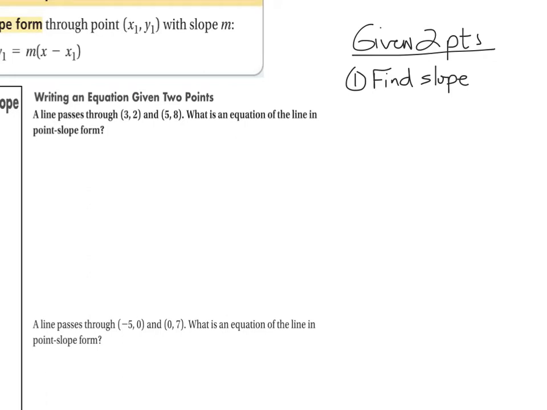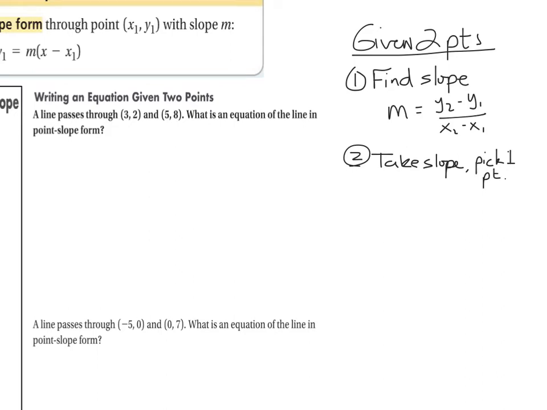Remember, slope is y2 minus y1 over x2 minus x1. That's what we did earlier in section 2.3. We got to find the slope first. Then you're going to take your slope and pick one point. It doesn't matter what point you pick.